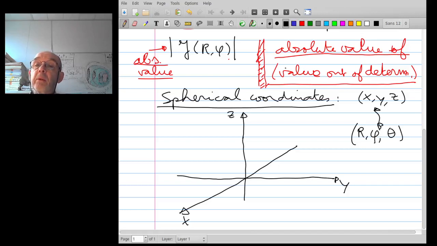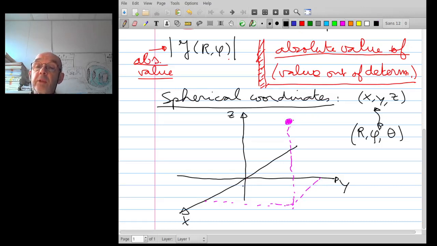Now, if you have some point in the space, and I hope that the sketch will become well, here you have the point x, y, z.